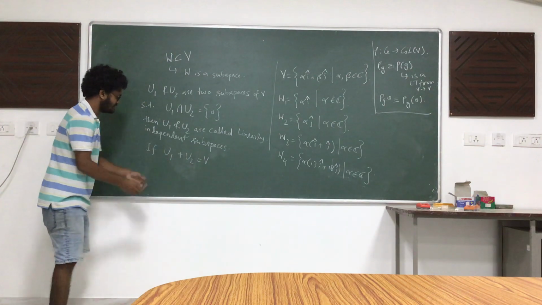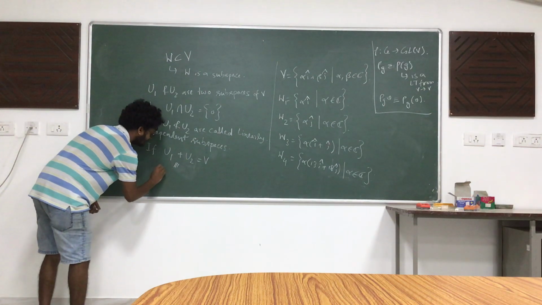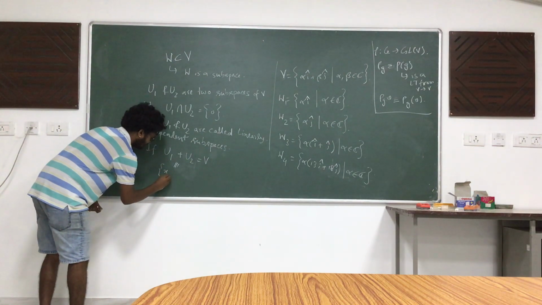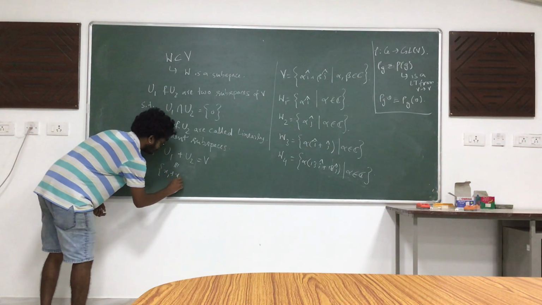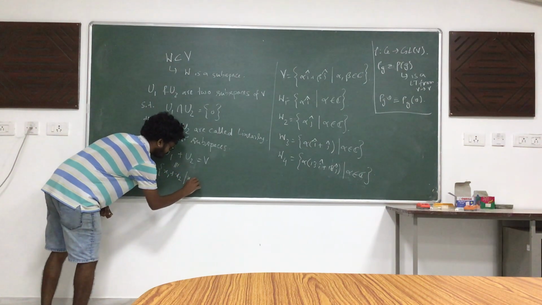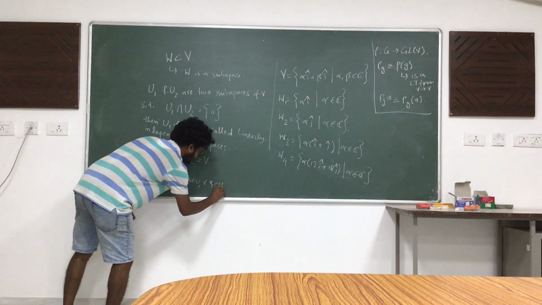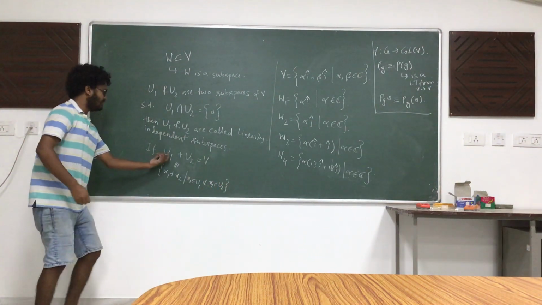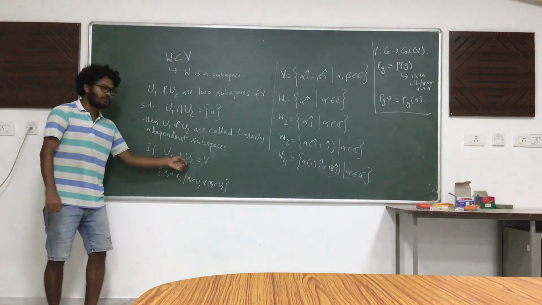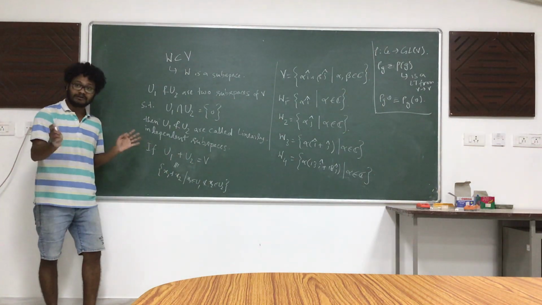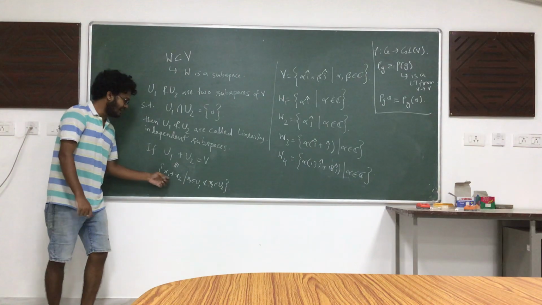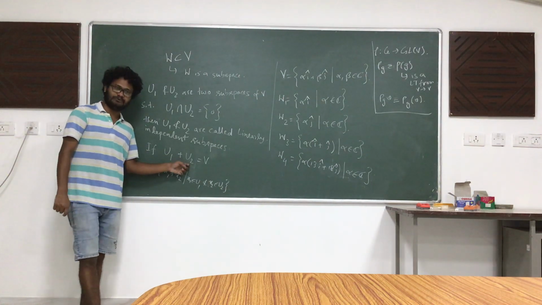So this has a specific meaning. This is equivalent to x1 plus x2, where x1 belongs to U1 and x2 belongs to U2. So U1 plus U2 means all possible additions, not linear combinations, of vectors from U1 and U2.